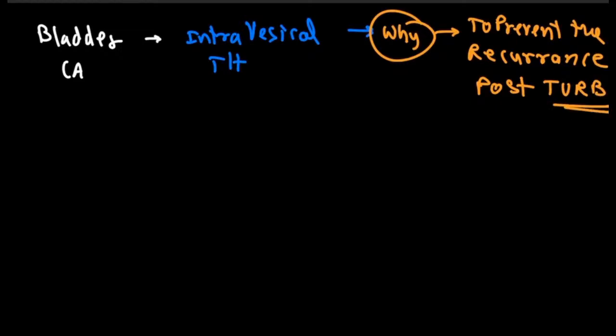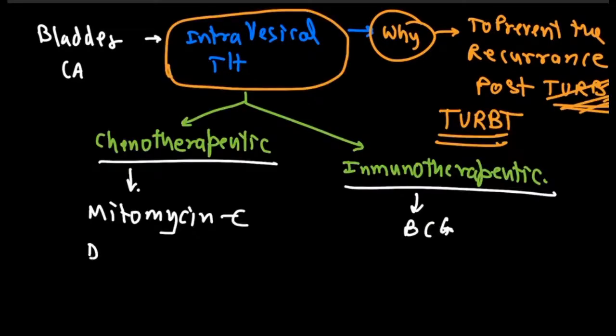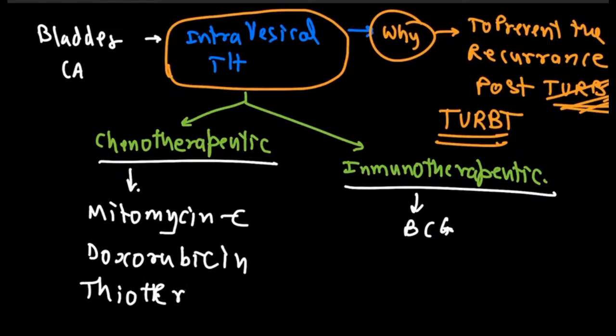You need to appreciate that whenever there is a patient with a bladder carcinoma, the primary treatment is TURBT. Then intravesical agents such as mitomycin C, doxorubicin, thiotepa and all those, right? I hope you get this point.